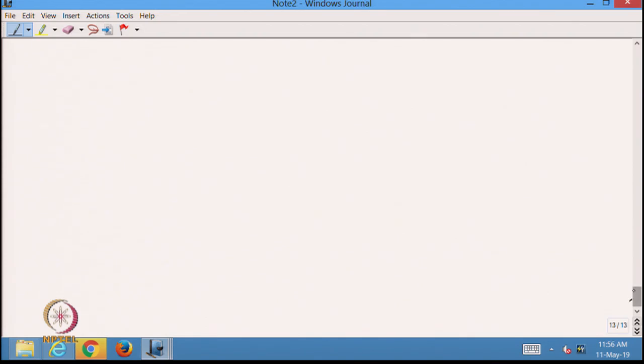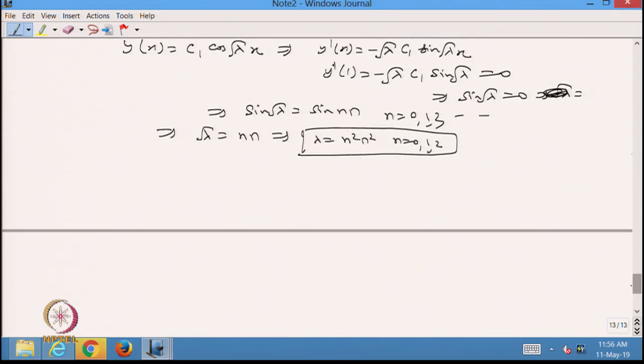With the help of the eigenvalues I can find my eigenfunction. In that case my solution y x will be, because C2 was 0, just cos under root lambda x, or I can call it cos n pi x, and n is 0, 1, 2, 3.